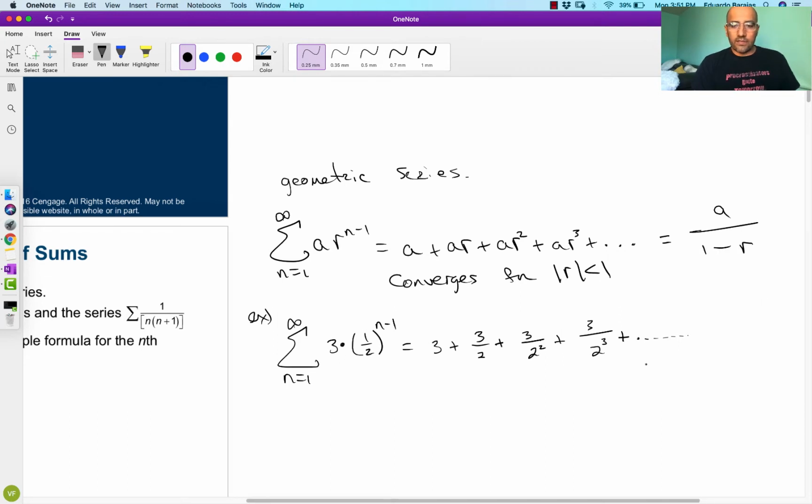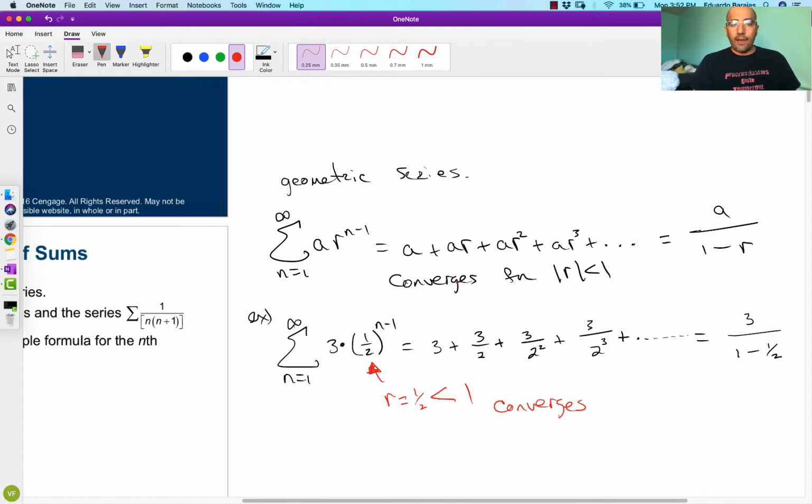So in this little example, this infinite sum would be equal to 3 over 1 minus 1/2. That's because in my example, the constant multiple r is 1/2, which is less than 1. The absolute value of that is less than 1, so it converges to this amount.